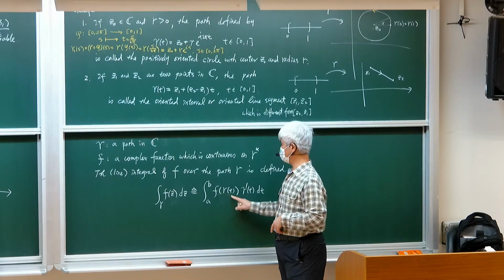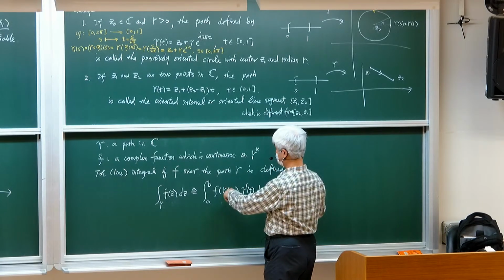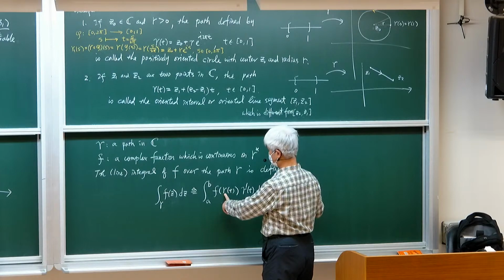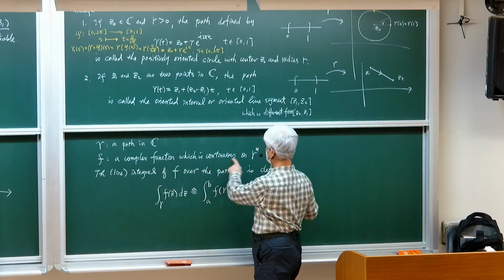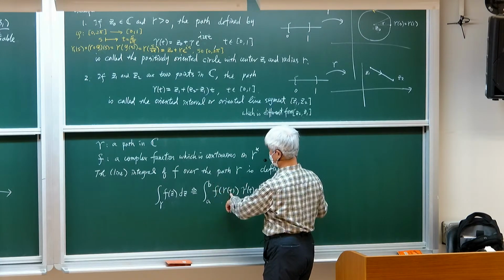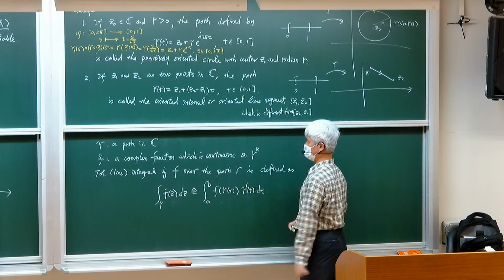The integrand is a continuous function of t, because a path is a curve, which is a continuous function, and f is also assumed continuous.